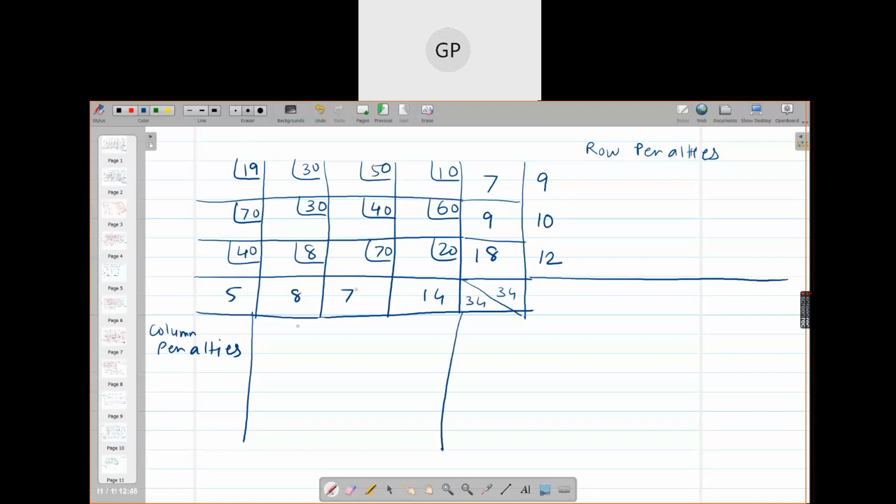Now for the first column. For each column we will do now. The first set of penalties for rows is calculated. Now the first set of penalties for columns.